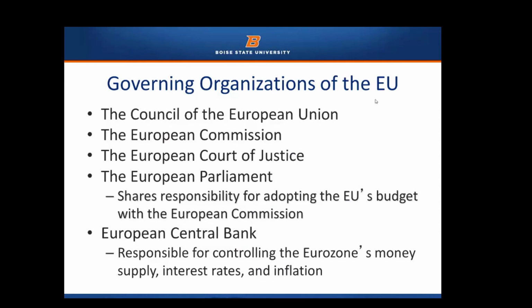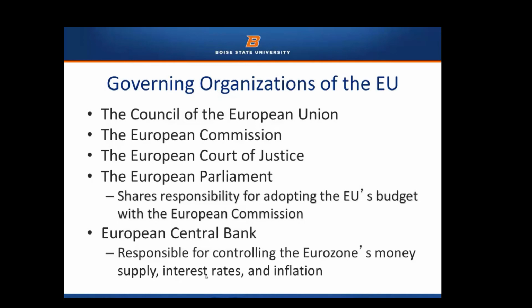So how's the EU governed? Here are the major governing organizations. The European Parliament adopts the budget, and the European Central Bank is responsible for implementing policies regarding the euro. What's the money supply for the euro?